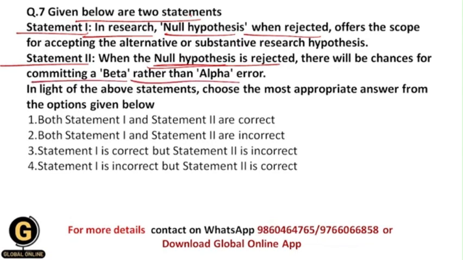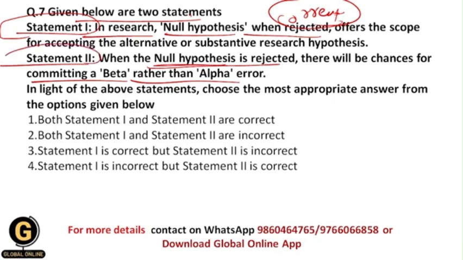Now statement 1 states that whenever in a research process we reject the null hypothesis, then obviously it offers us the scope that we need to accept the alternative or substantive research hypothesis, and this statement is correct because whenever we reject the null hypothesis, then automatically we accept the alternative hypothesis. Because this is a rule.